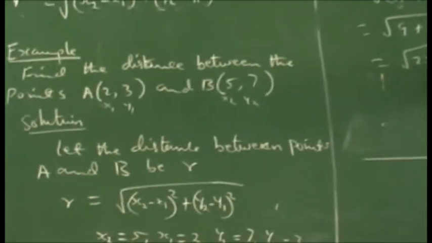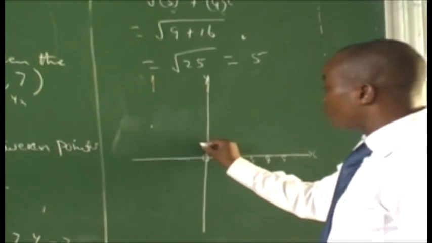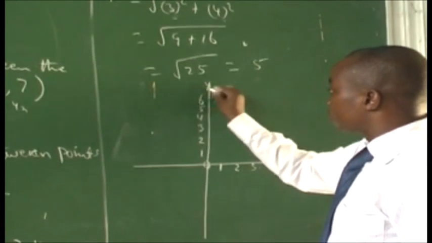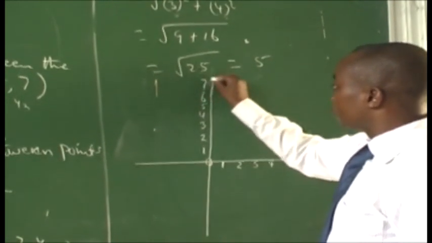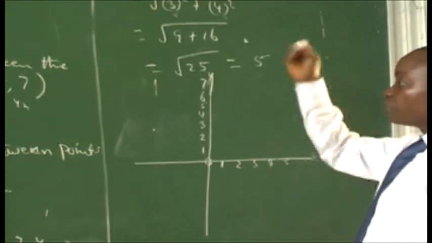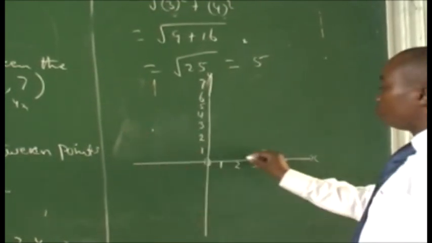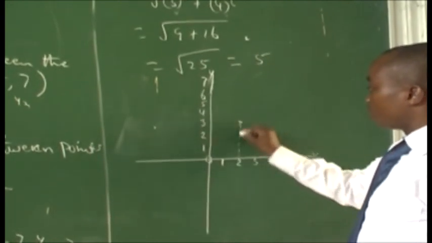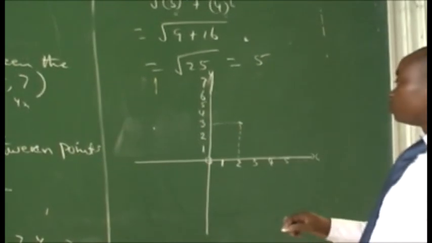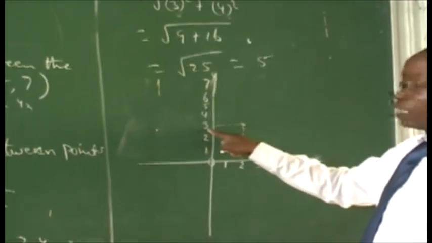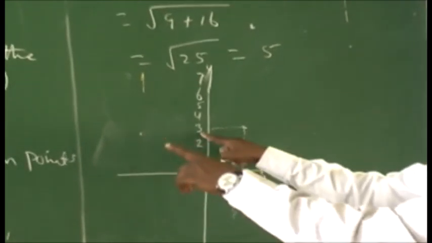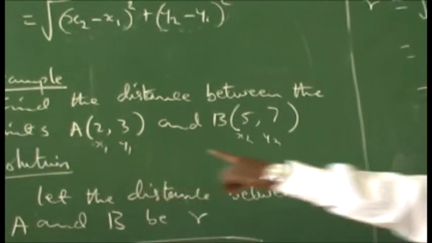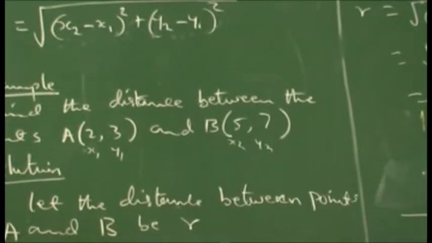So let me go this way. For the y-axis, I will have 1, 2, 3, 4, 5, 6, 7. So for the first point, we have 2 for x and 3 for y.